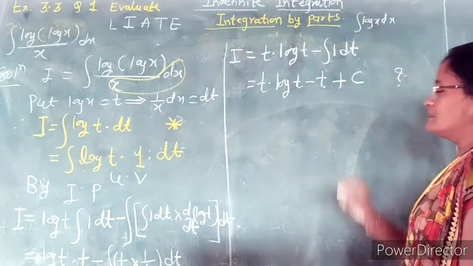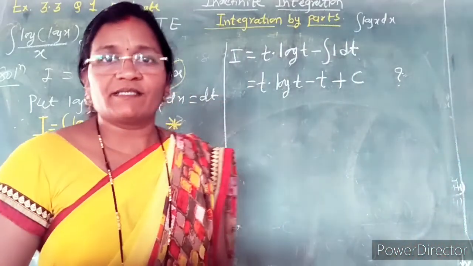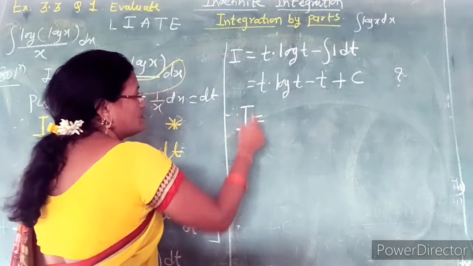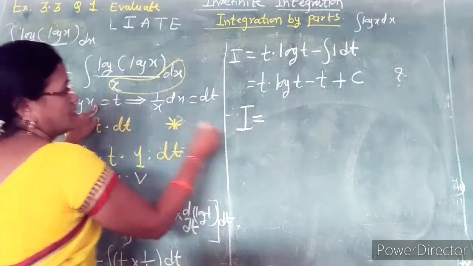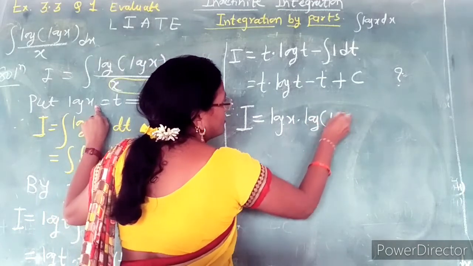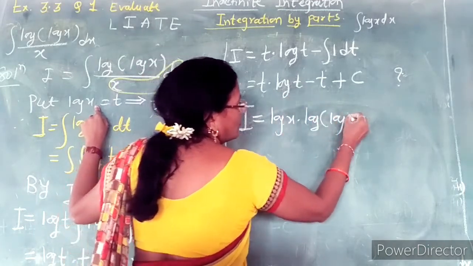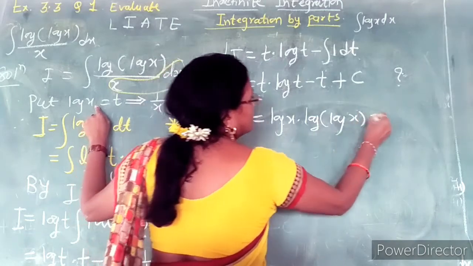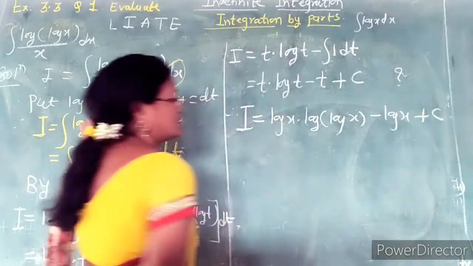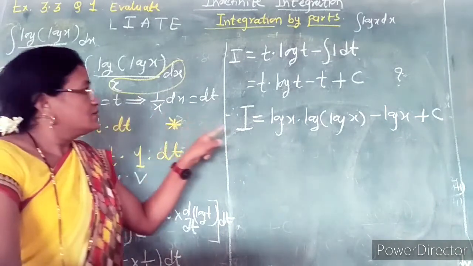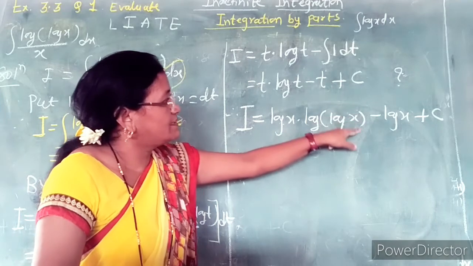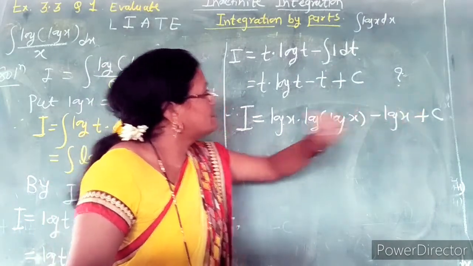But this is not the last step, because we took a substitution of t. Therefore the final answer I becomes log x into log of log x, minus log x, plus the constant of integration c.